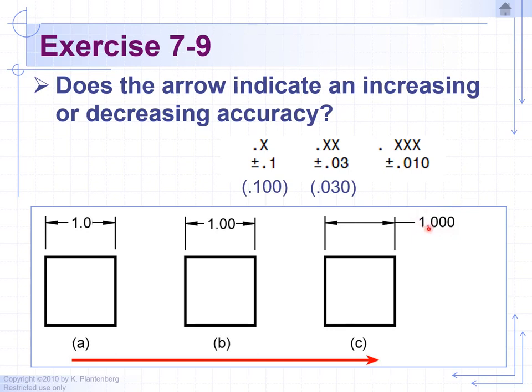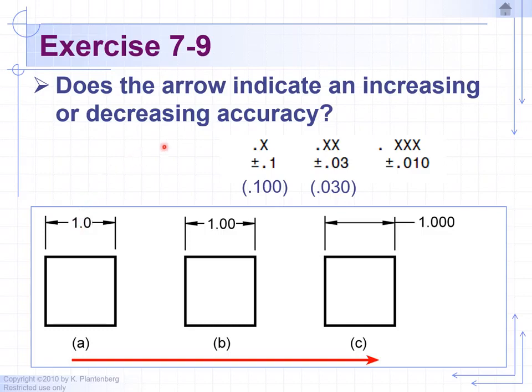So it can be 1.01 in one direction, or it can be 1 minus 0.01, which is 0.09. Okay, so that's pretty accurate. If you did not need accuracy, then you go with 1.0.